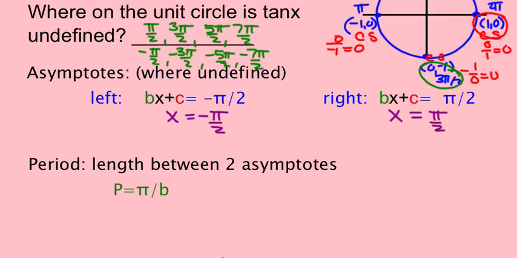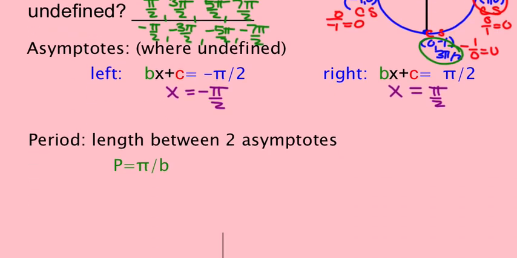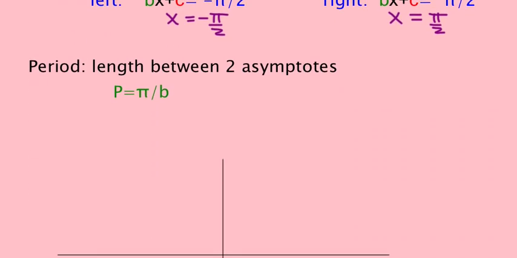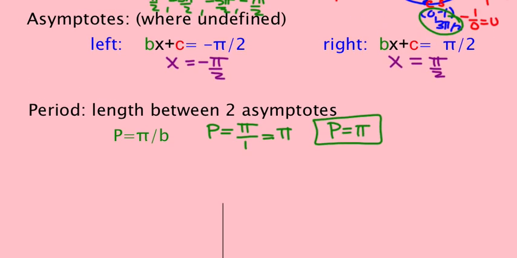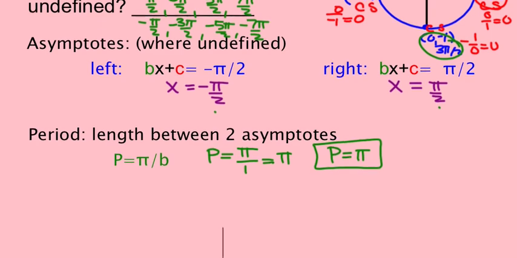So since my b up here is the number 1, I would say period equals pi over 1, which is pi. So my period is pi. Now add up what is the distance from negative pi over 2 to pi over 2. If I add those two up, I get a distance of pi.